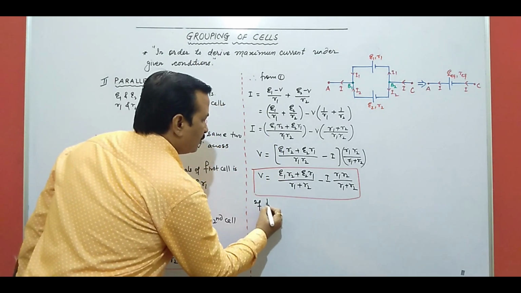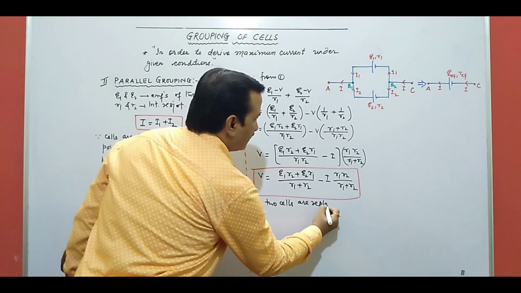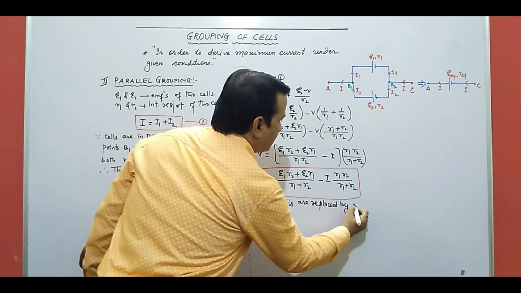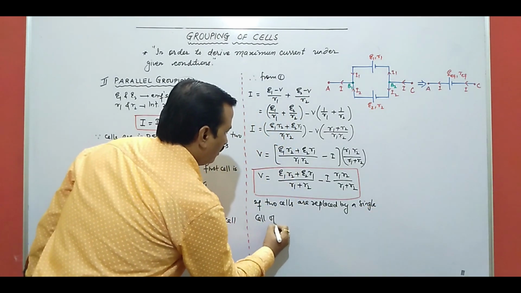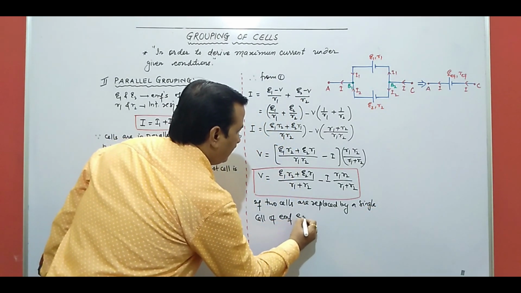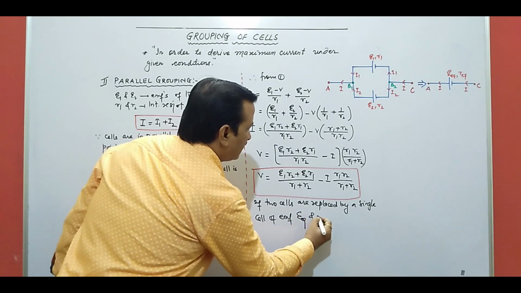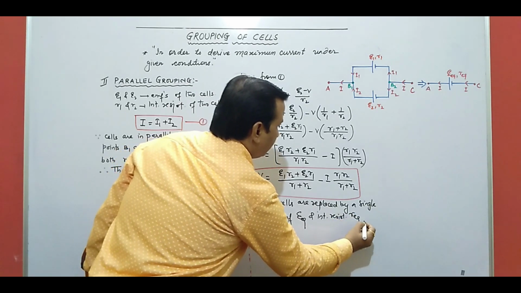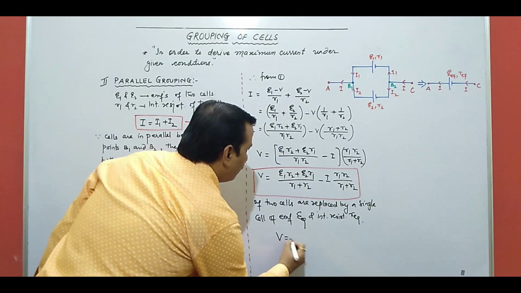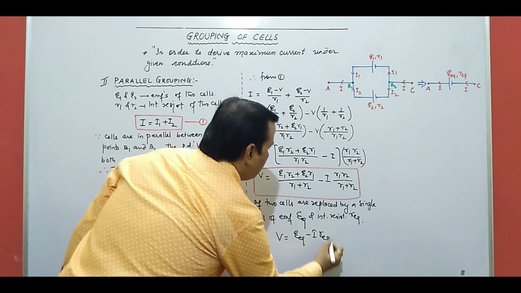If two cells are replaced by a single cell of EMF E equivalent and internal resistance R equivalent, then V will be equal to E equivalent minus I R equivalent.